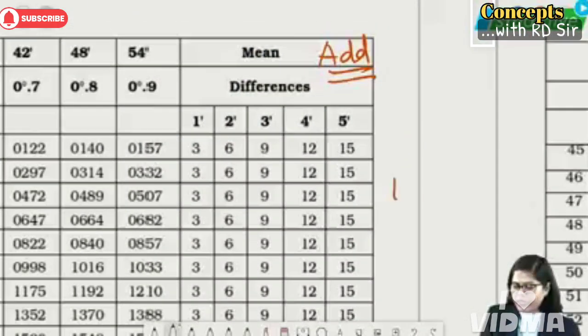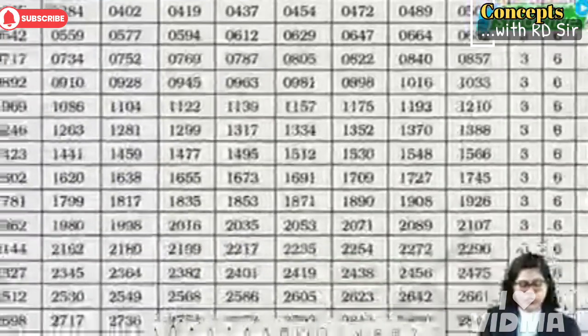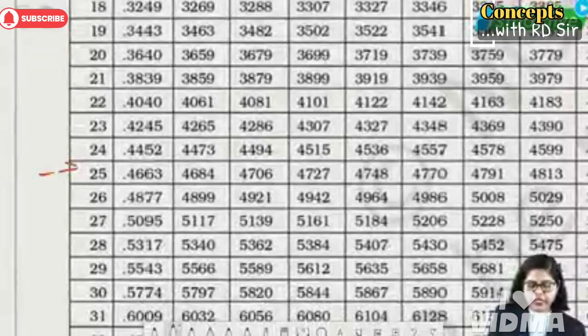Suppose I am finding tan of 25 degrees 17 minutes, then we will check here 25 degrees, this particular column I am going to check.